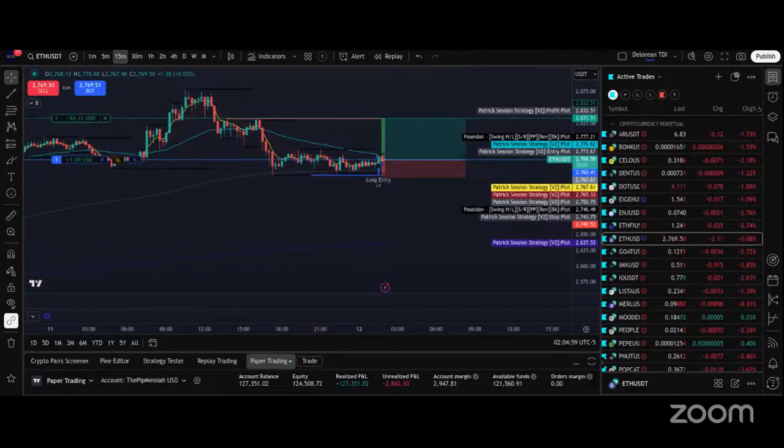Let's see. We've got Ethereum versus USDT. There we go. To 28.3351.